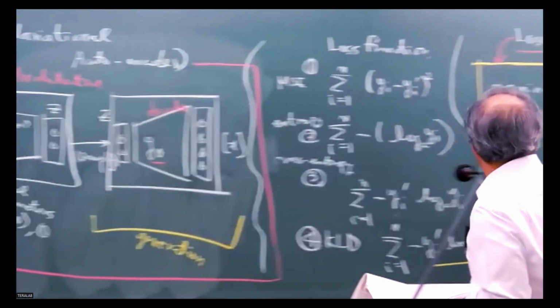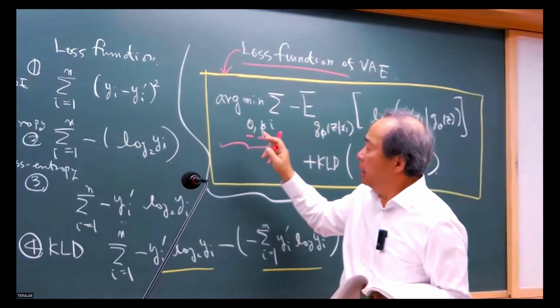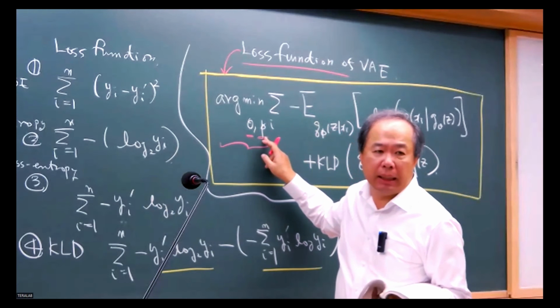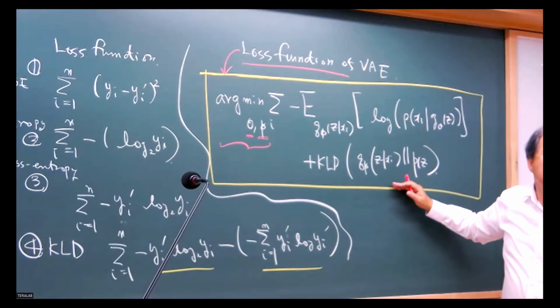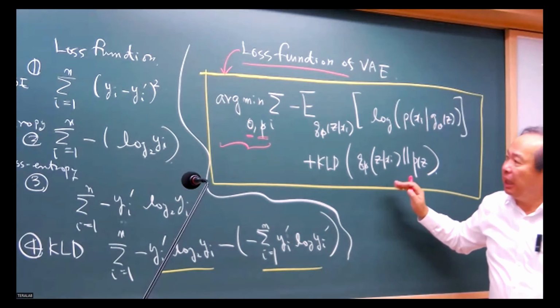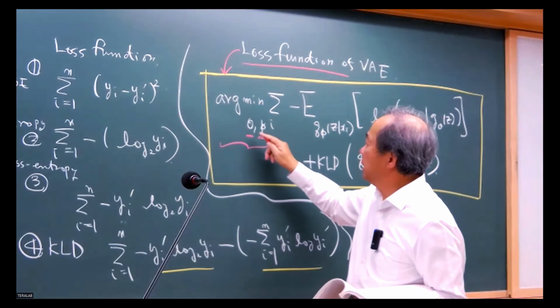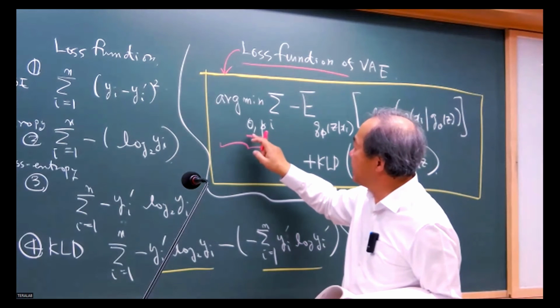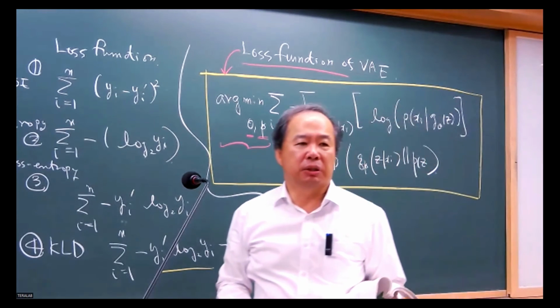This representation means that you have to train theta and pi to minimize this entropy and KL divergence. That is the mathematical description of argmin. That means you have to optimize theta and pi to minimize this whole equation.